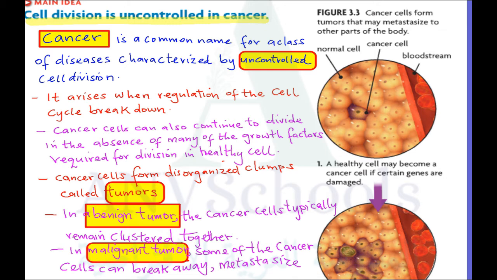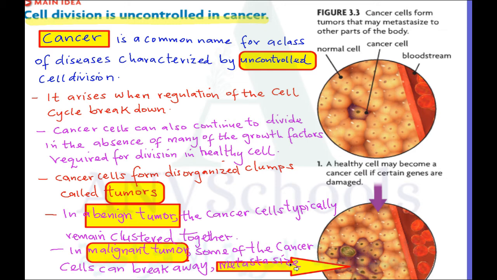When they metastasize, what it means is that they will be moving. So this type is the moving type. That is why we say it is a metastasized form of tumor. These breakaway cells can be carried in the bloodstream or in the lymphatic system to other parts of the body.